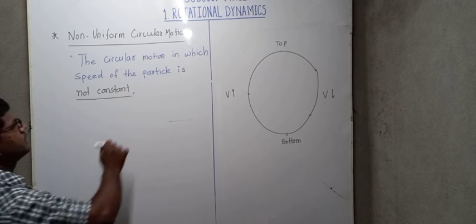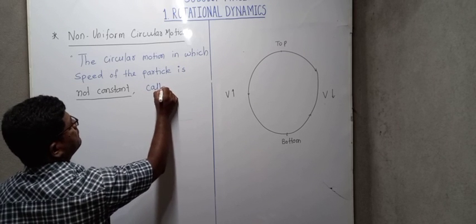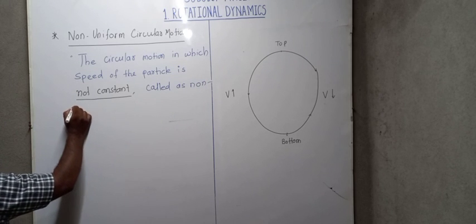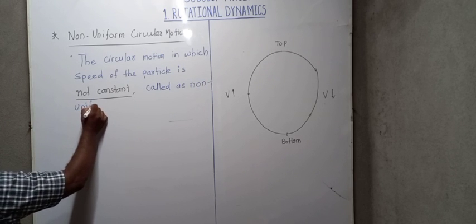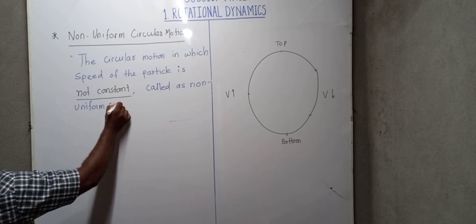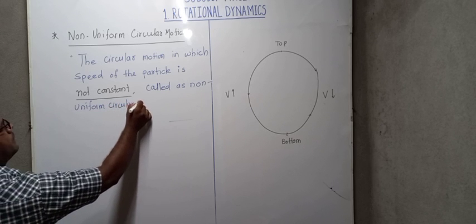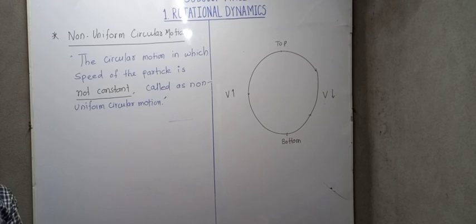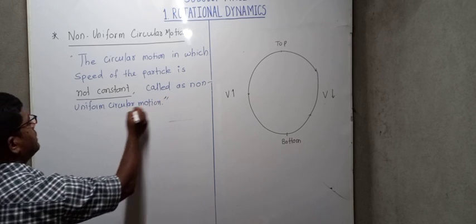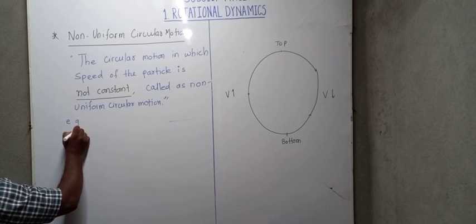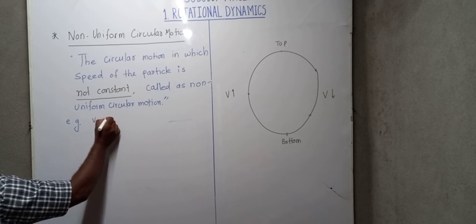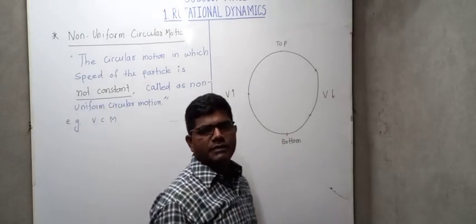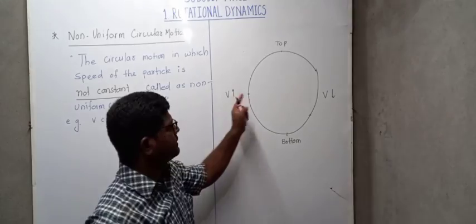For example, VCM, vertical circular motion, is a non-UCM.